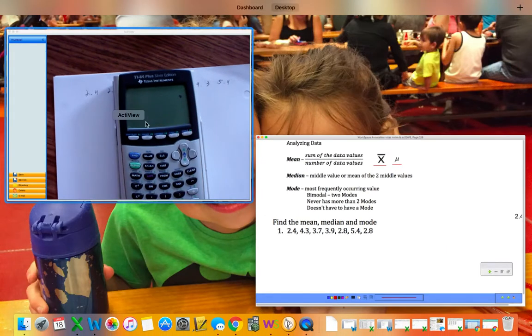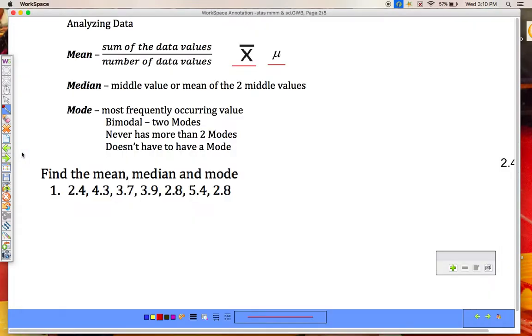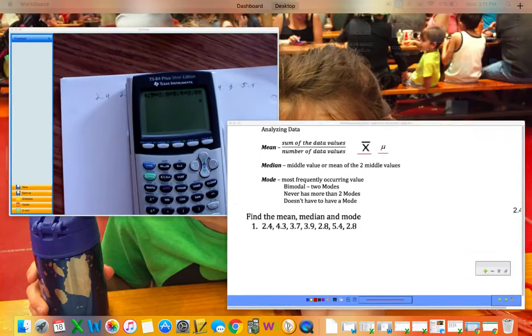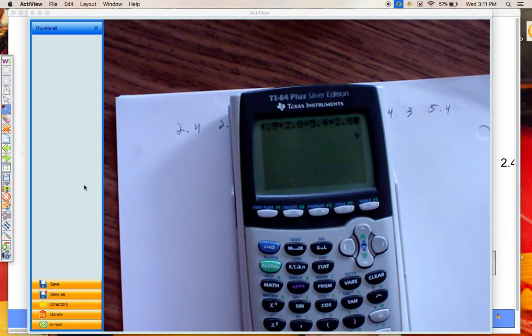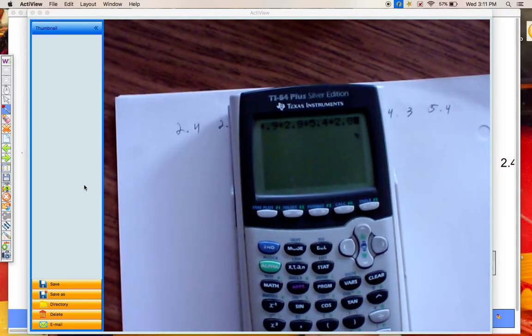So on a calculator, we're going to go 2.4 plus 4.3 plus 3.7 plus 3.9 plus 2.8 plus 5.4 plus 2.8. We hit enter and get 25.3.